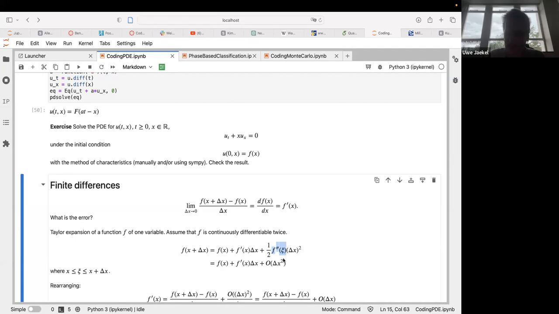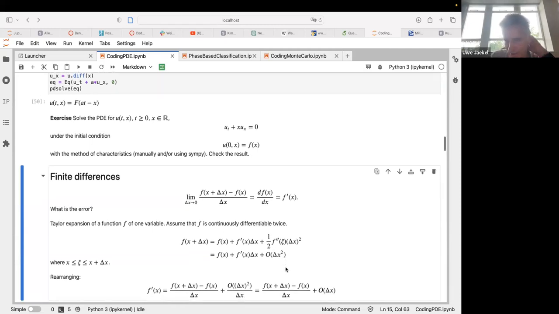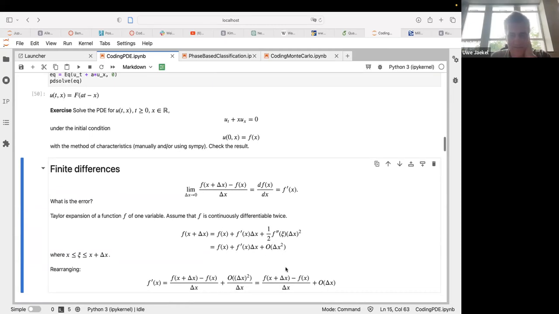So the error cannot be larger than that. We only have to know that this is a certain finite number. And we make an error of order delta x squared. Now we can rearrange this equation.